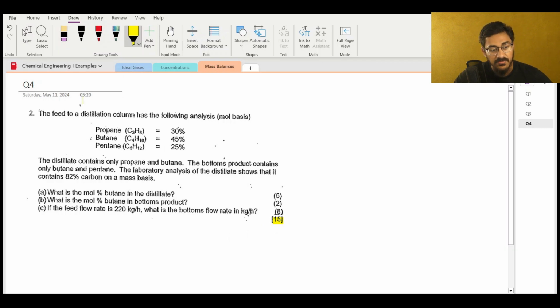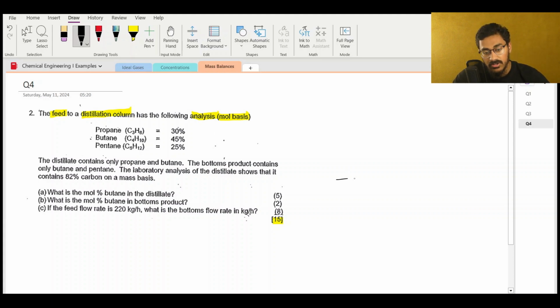All right, let's begin. So they say to me, the feed to a distillation column has the following analysis on a mole basis. We spoke about distillation columns in the previous example, question 3, but essentially distillation is separation by boiling point. It makes use of the fact that different components have different boiling points, and it uses this to pull a different component out at the top compared to the component at the bottom.